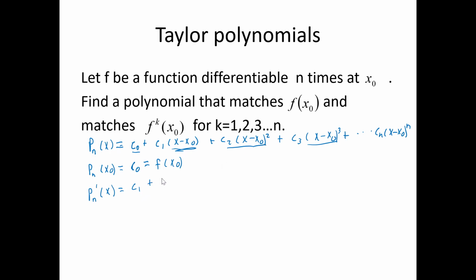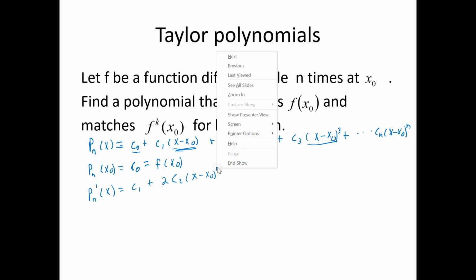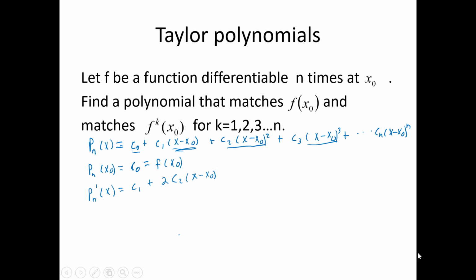And for this one, it's a composition, so we bring down the exponent. The c2 is already there. Take 1 away from the exponent with the same inside, times the derivative of the inside. So when we take 1 away from the exponent, the derivative of the inside is 1, so we don't have anything new.